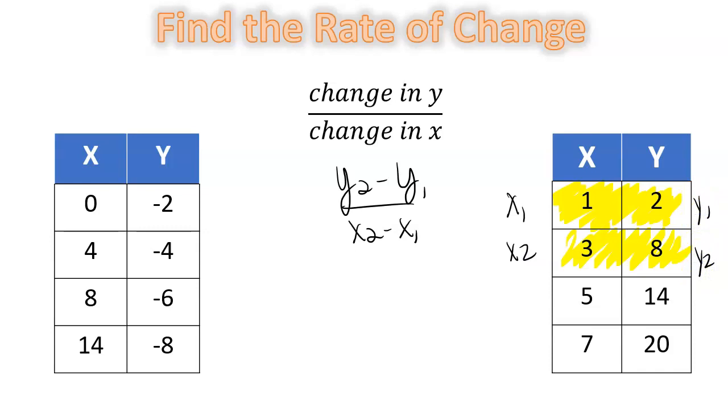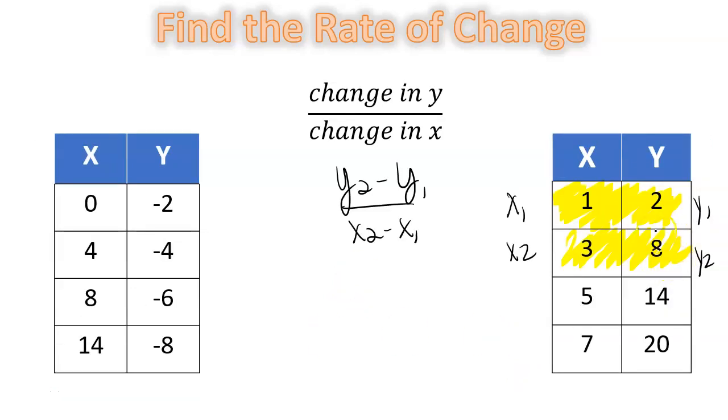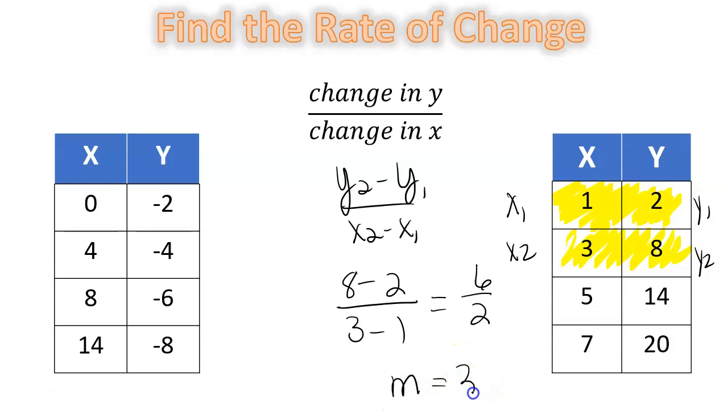And again, I'm just going to plug in. So y2 is first. So my y2 is 8 minus y1 is 2 over x2 is 3 minus x1 is 1. 8 minus 2 is 6. 3 minus 1 is 2. And then again, I have to simplify. 6 divided by 2 is 3. So I can say 3 or 3 over 1.